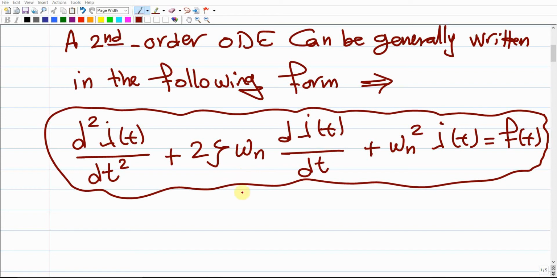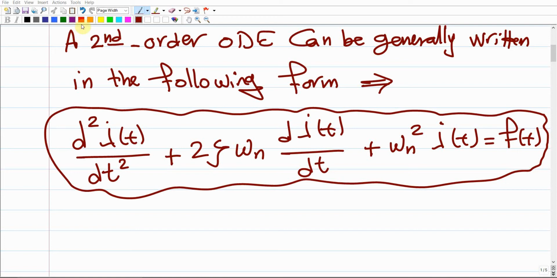In addition, these two parameters have specific physical meanings that we are going to discuss through this video. Then plus omega n squared, which is very similar to omega, but this is the square of omega, times i of t, the current, the unknown, equals f of t, where f of t is a forcing term, which is the right-hand side.